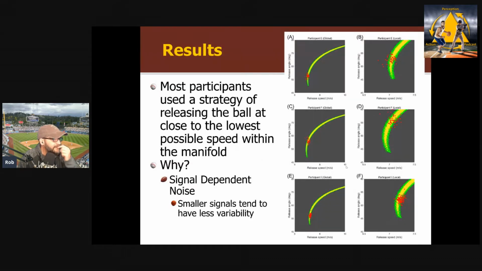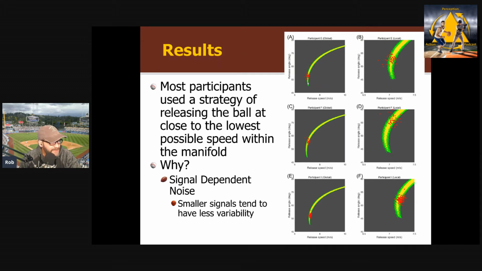And so here's what they found. Here are the results for 6 participants. Each different participant has their own solution manifold, right? The solution manifold is based on each individual, what kind of range of speeds and shots they do. What you can see here is that for most of the participants, the red dots are the actual shots.